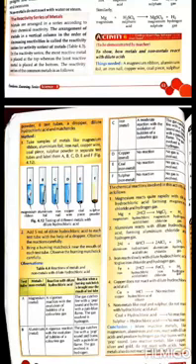Then for test tube A, having magnesium metal in it, what do we observe? A vigorous reaction with the evolution of bubbles of a colorless gas.